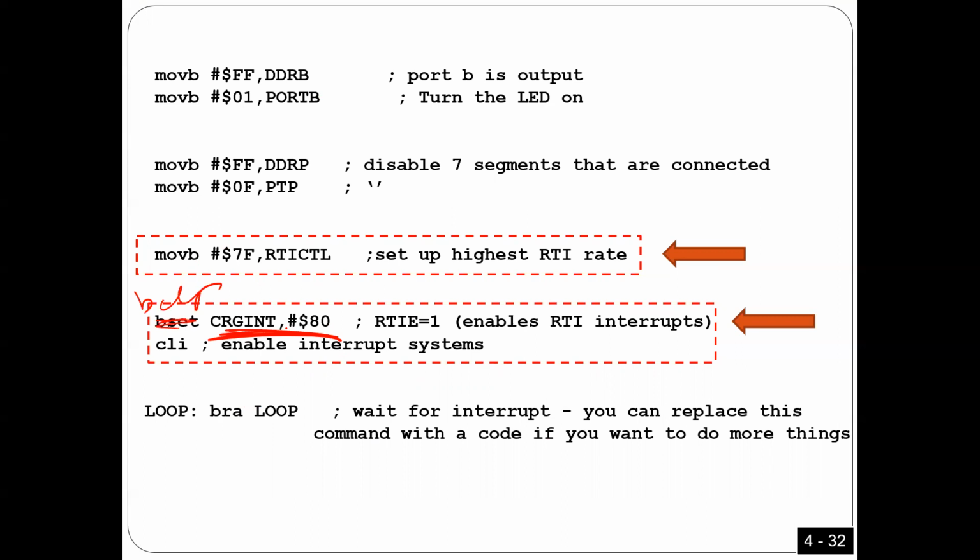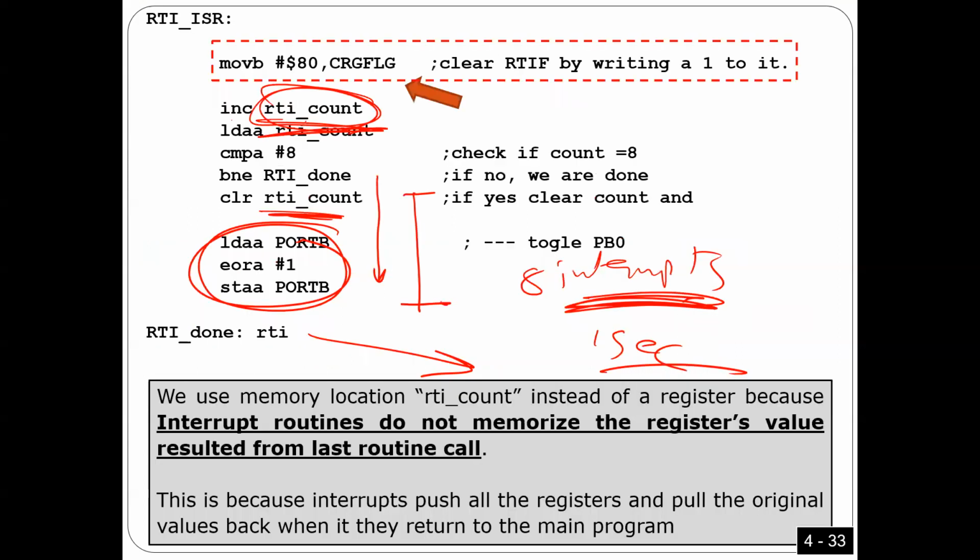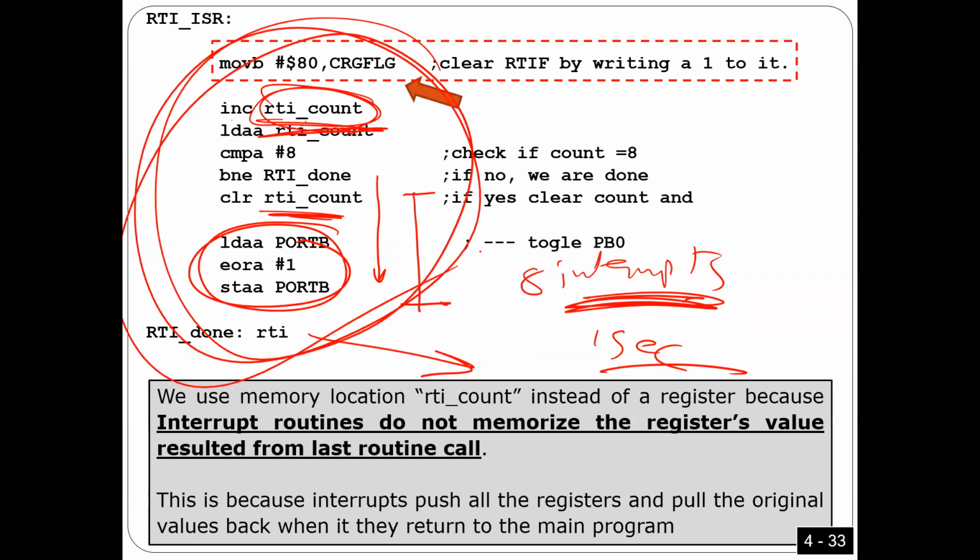If I disable RTI interrupts, that means this interrupt subroutine is not going to be called anymore. That means there is no flashing. In general, for every interrupt source, if you want to suspend it, you have to disable the interrupts.